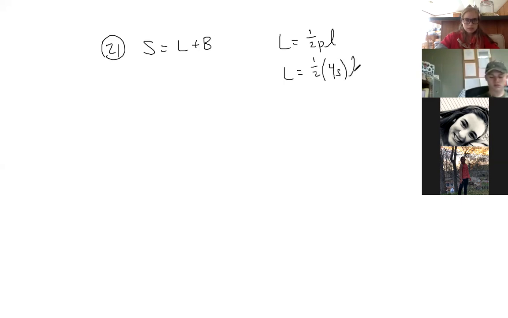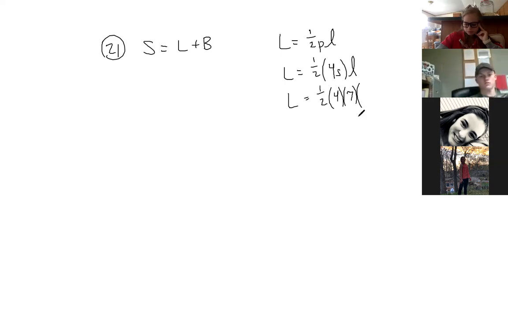So one of the sides is 7. And then the slant height is, what's the slant height, Ethan? What's that value? Six. Okay, so 6 is the slant height.